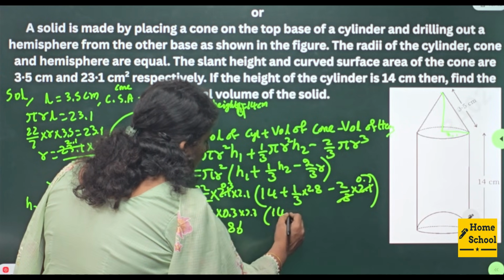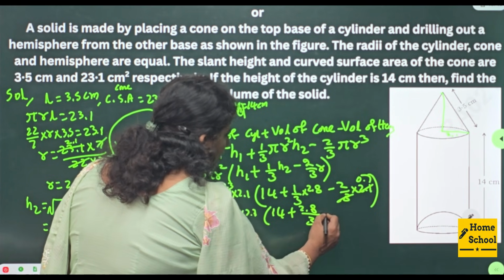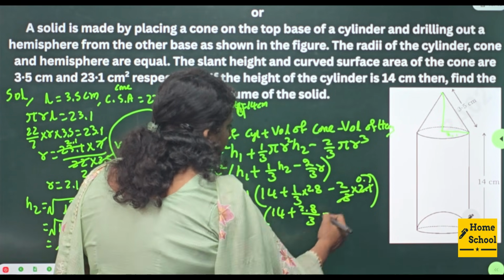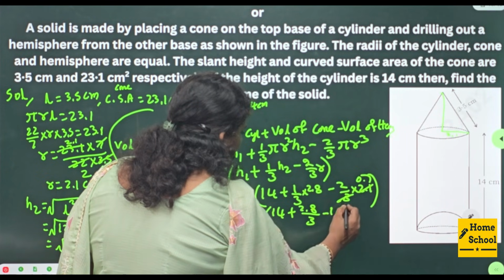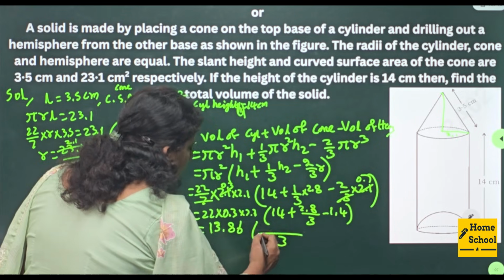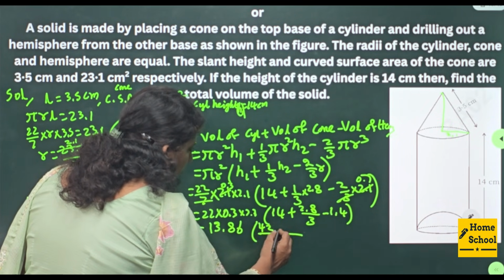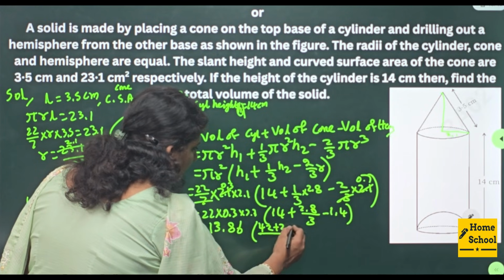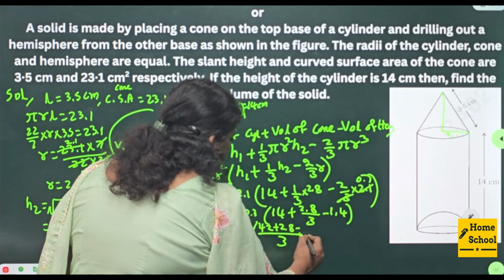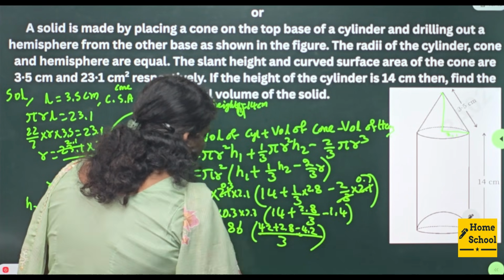Now here, 14 plus 2.8 by 3 minus 2 into 0.7, which is 1.4. Now do the LCM here. 14 3s are 42 plus 2.8 minus 4.2.